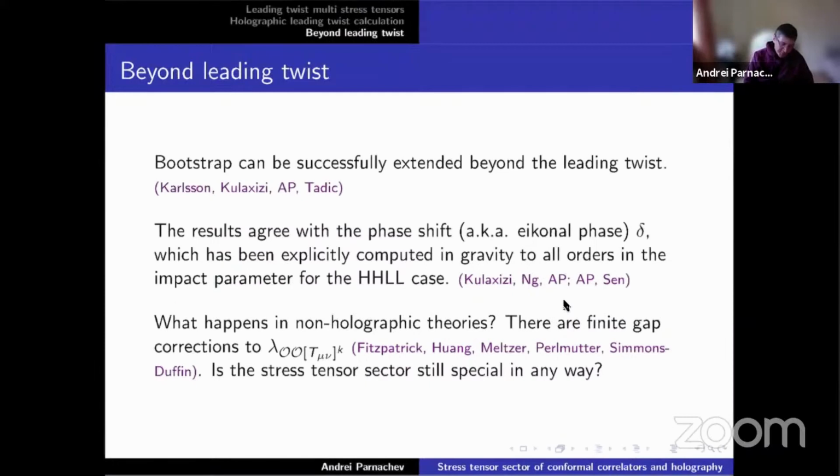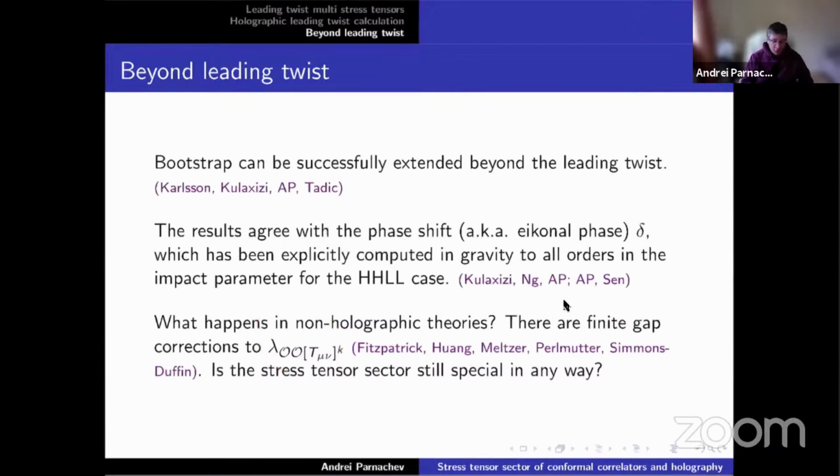And then you can ask, okay, so all of this is very nice, but what happens if you go beyond gravitational holography? What happens if you have a finite gap in the system? It turns out that there are finite gap corrections to the OPE coefficients. And that is true even for the leading twist OPE coefficients.